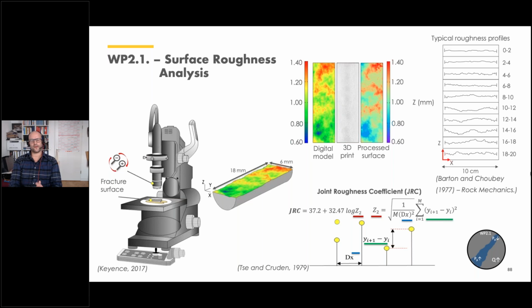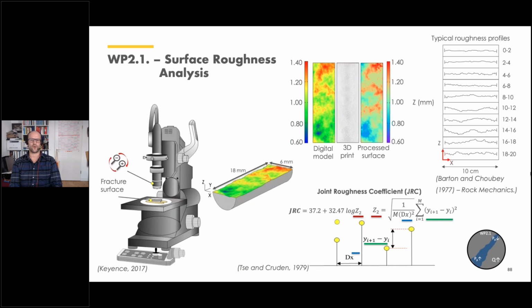So we therefore used a very neat approach to characterize the roughness of these fractures on natural rocks using a confocal microscope. And we also printed samples that have different roughnesses. And this roughness can be expressed as the joint roughness coefficient, which is looking at the asperity height and the asperity differences on the surface, and can be characterized in full numbers.